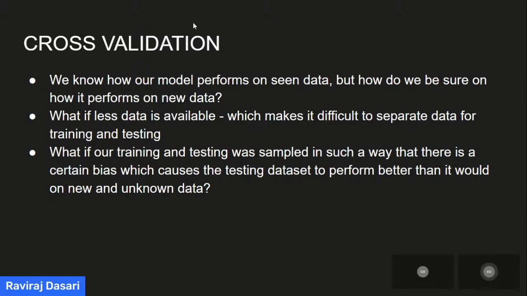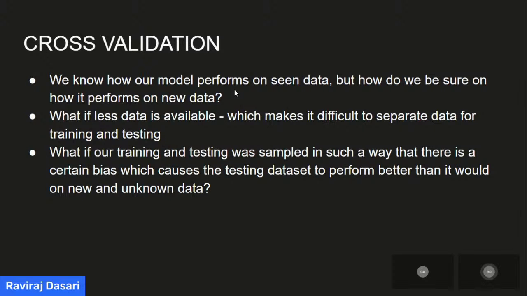So the idea of cross validation is that during the training, you validate the model and then improve it by changing the parameters. Take the random forest classifier, for example, and I'm cross validating it during the training itself.